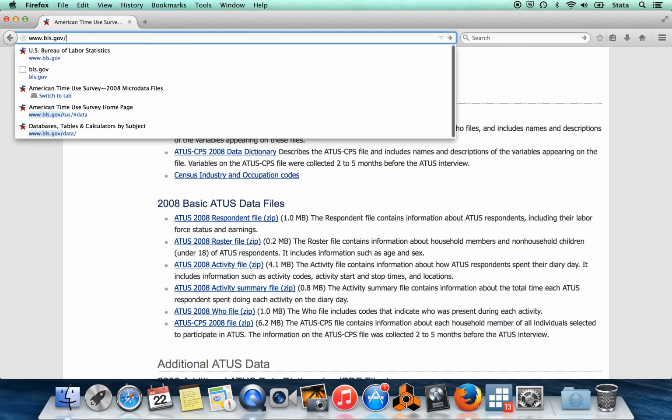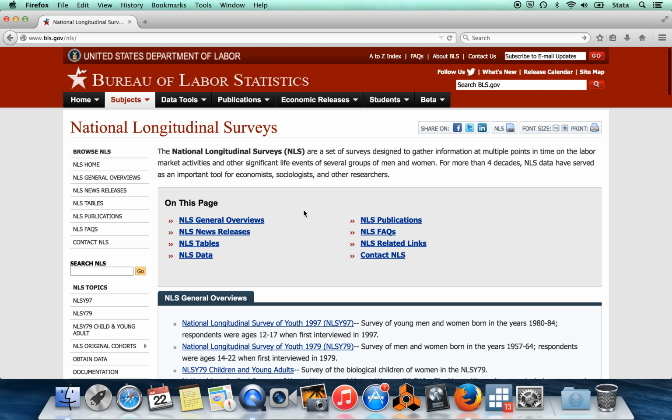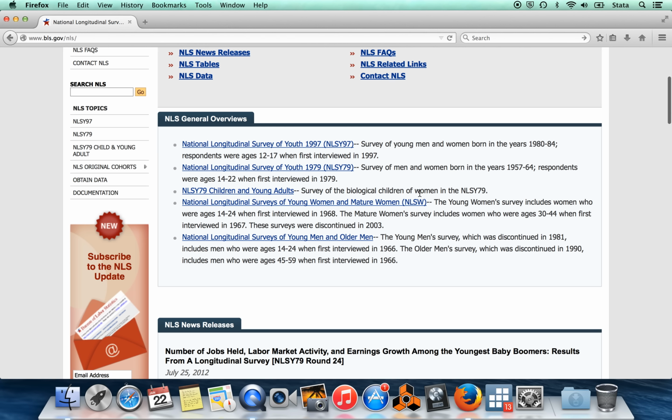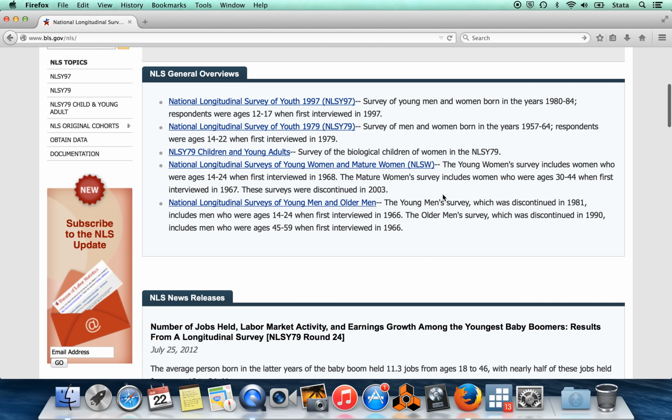There's one other thing I want to show you in BLS data, one other set of data sets, which is really useful to a lot of people, and that's their longitudinal surveys. These longitudinal surveys, as you can see from the descriptions here, generally start with a bunch of teenagers, and then they just follow them.